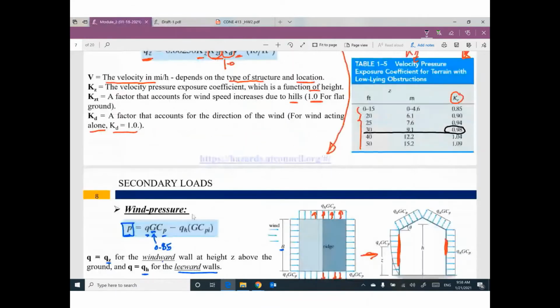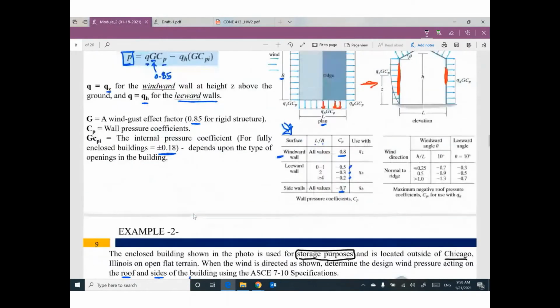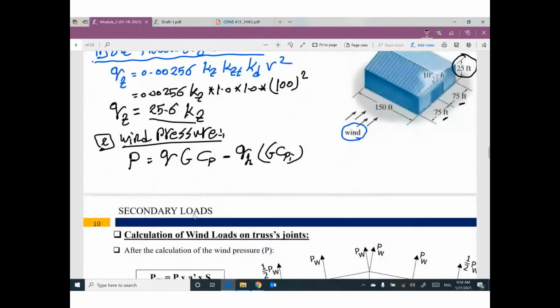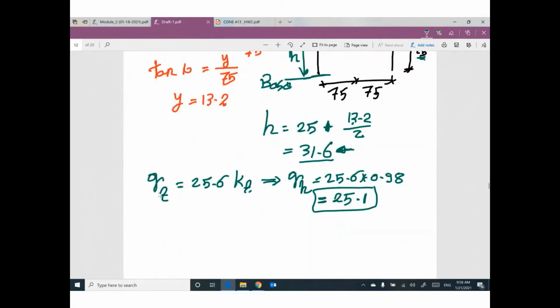So the value of QH in this equation equals the value of QZ at height H.